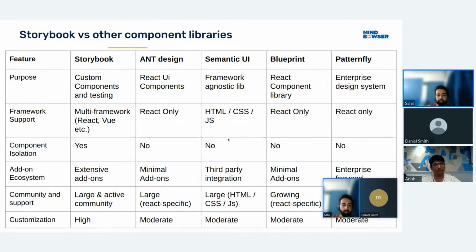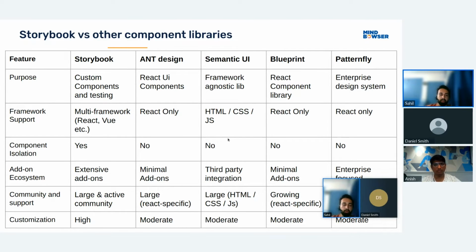Blueprint, again, is a React based UI component library which is geared towards complex, data dense applications, I would say. The last one, Patternfly, is also an enterprise design system and a component library which is largely used in large scale applications.